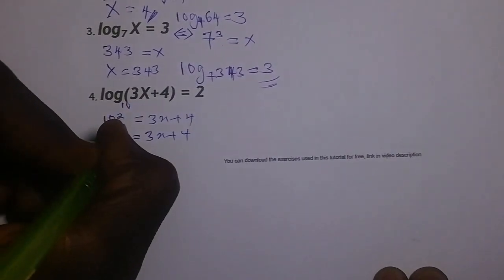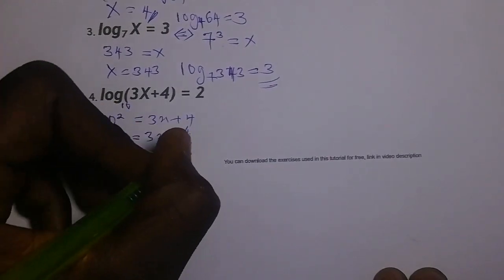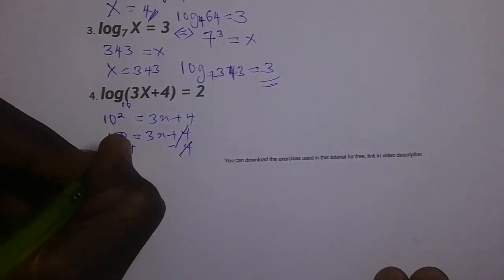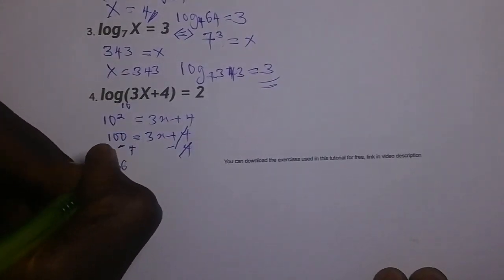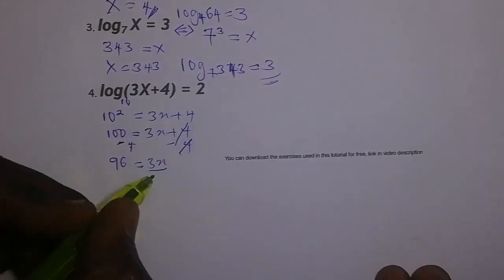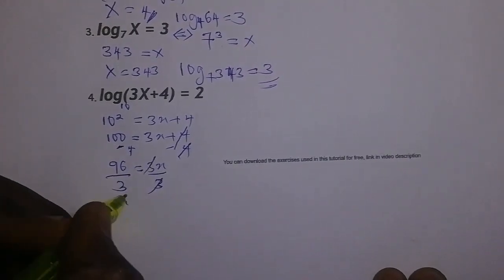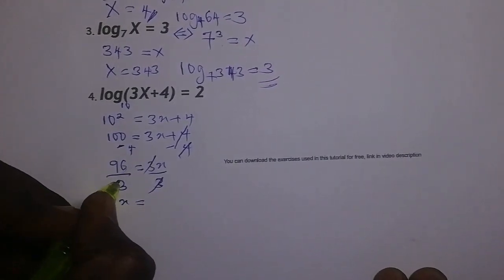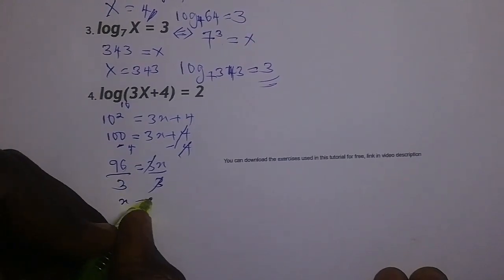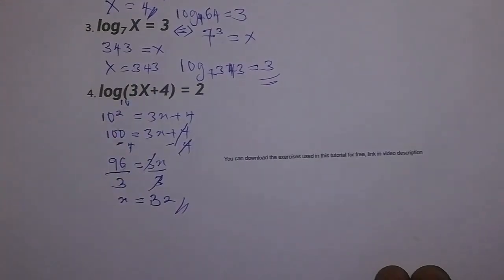Subtracting 4 from both sides, the 4s cancel: 100 minus 4 is 96, so 96 equals 3x. Dividing both sides by 3, x equals 96 over 3, which is 32. So x is 32 in this example.